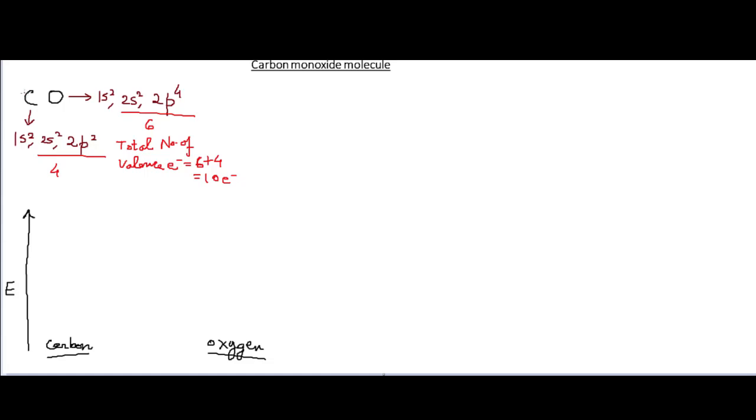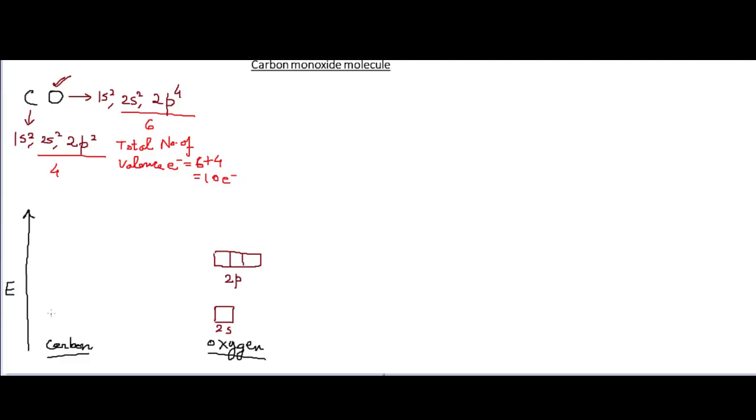First of all, which one is the more electronegative element? Obviously oxygen is the more electronegative element, and its atomic orbitals should be located at a lower energy than the atomic orbitals of the carbon. So let us locate them like this.